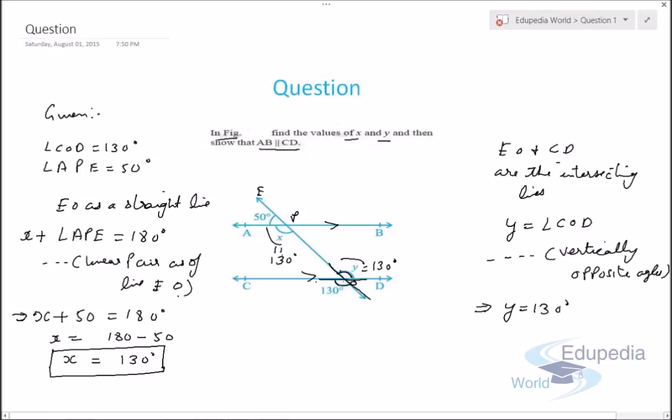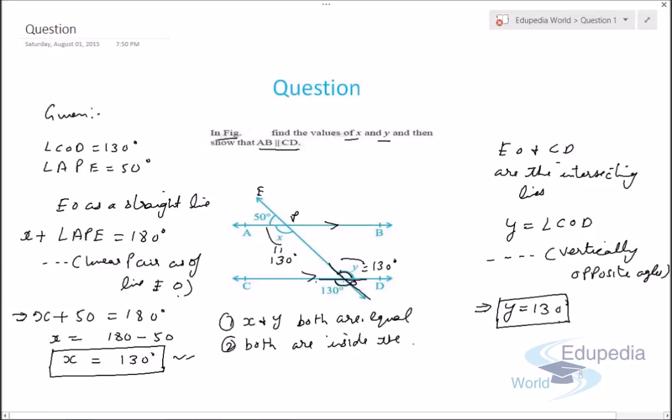Now if you clearly see the values, x is 130 and y is also 130. Both x and y are equal, this is the first point. The second point is both are inside the lines AB and CD, which means they are interior angles.